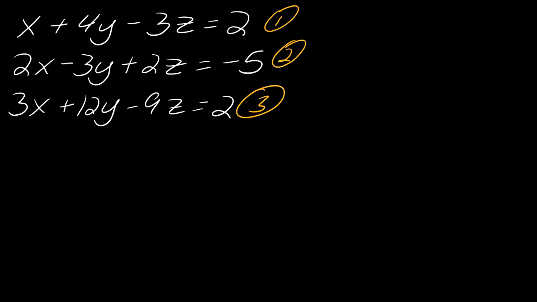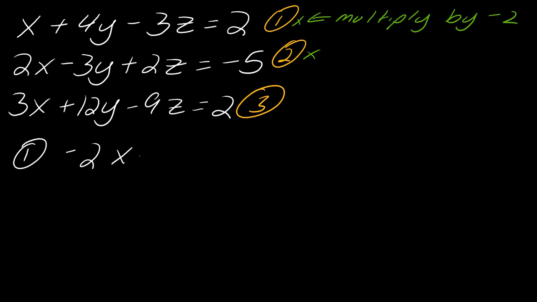So I'm going to start by taking equations 1 and 2, and I'm going to multiply this one by negative 2. So I'm going to take this equation and this equation. Let's say this will be equation 1 that I'm using and manipulating. So this becomes negative 2x minus 8y plus 6z equals negative 4.